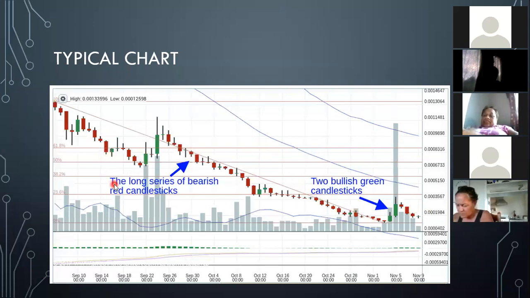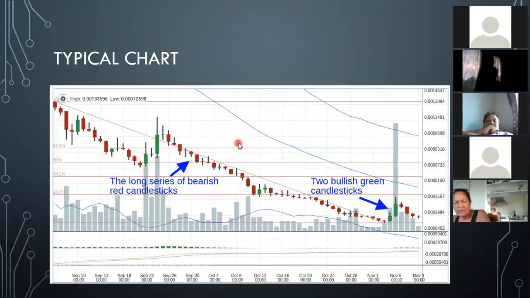Now, if it starts to move in an upwards direction, like these green bullish candles, that is called an uptrend. It's moving upwards. If it's moving upwards more than 2 candles, it's an uptrend. Same with this one here, 2 bullish candles moving in an uptrend.